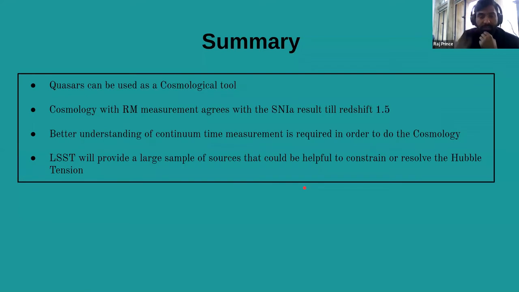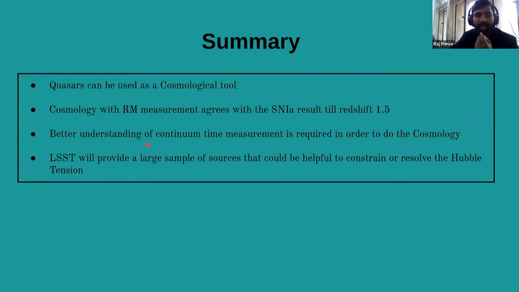So this is all. I will summarize the whole talk here. Our study suggests that we can use quasars as a cosmological tool, and we found that from the reverberation mapping technique, our result agrees with the supernova 1A till redshift 1.5, and after that it differs.